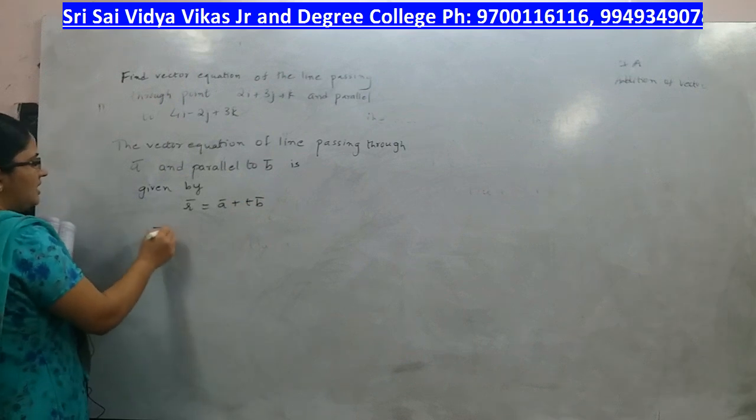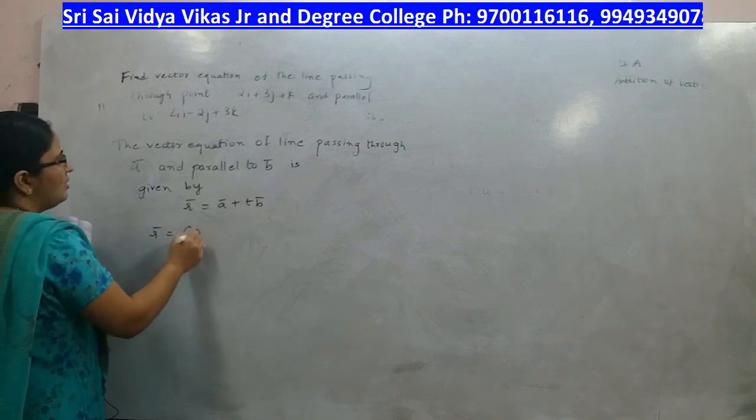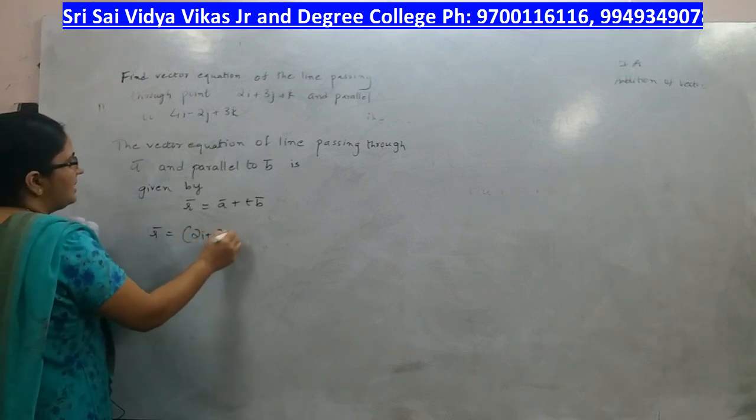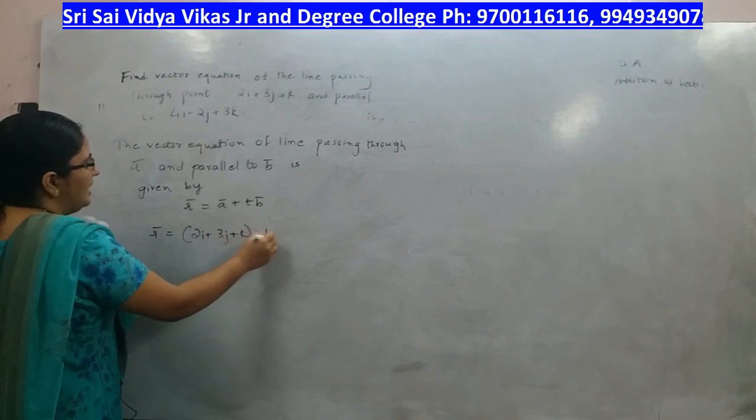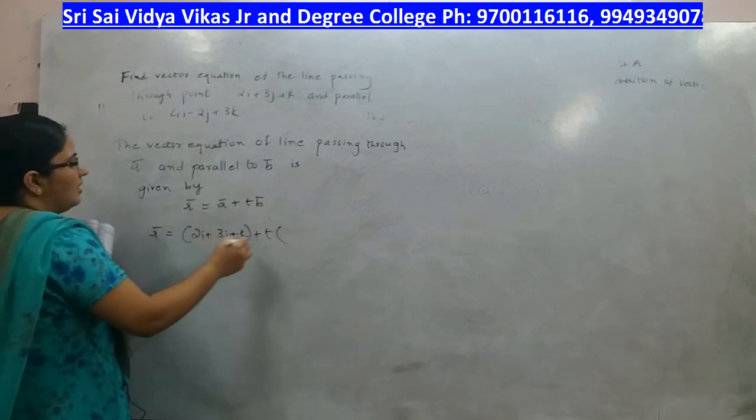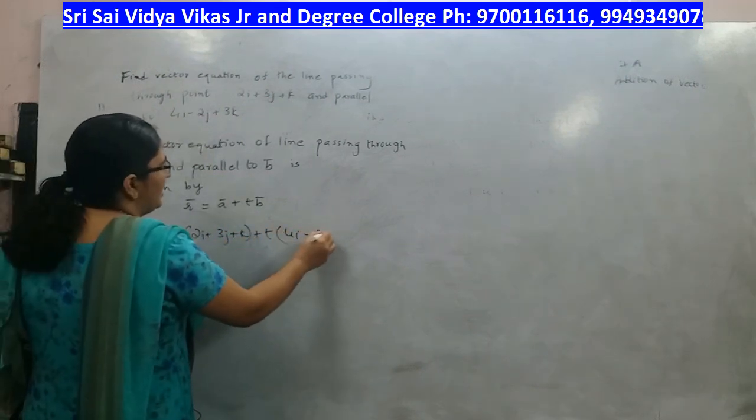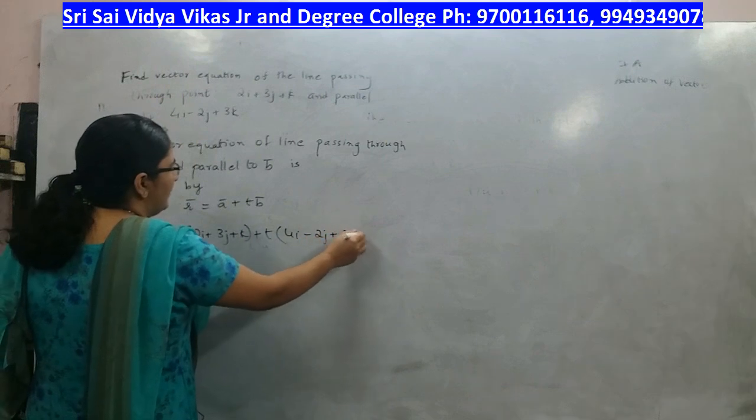That is, R bar is equal to, what is A bar? 2i plus 3j plus k plus t into B bar, 4i minus 2j plus 3k.